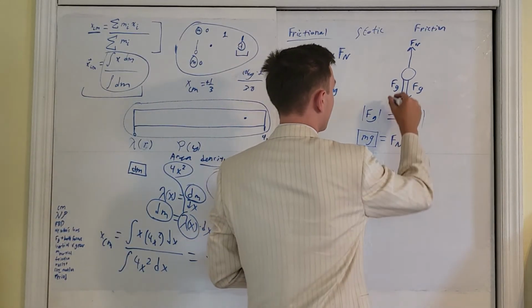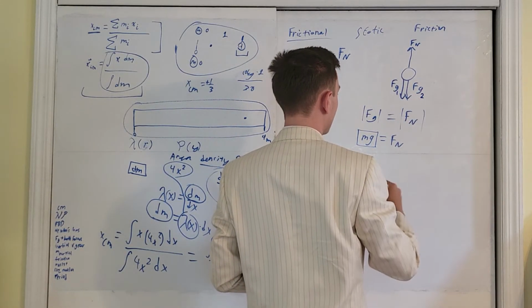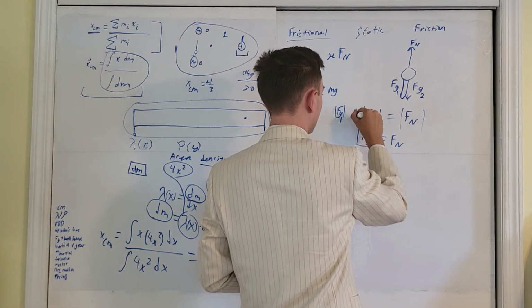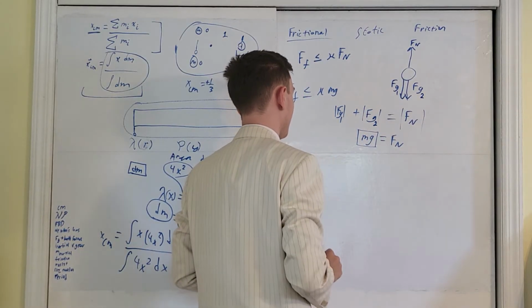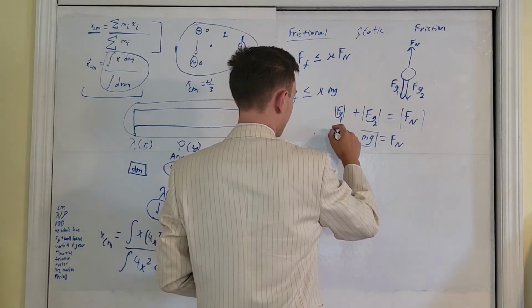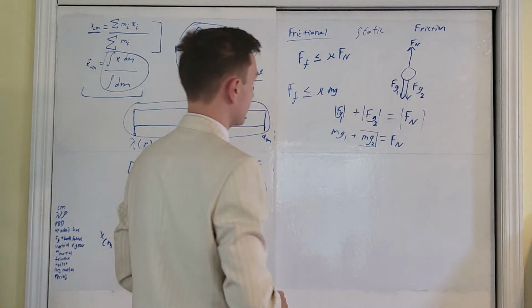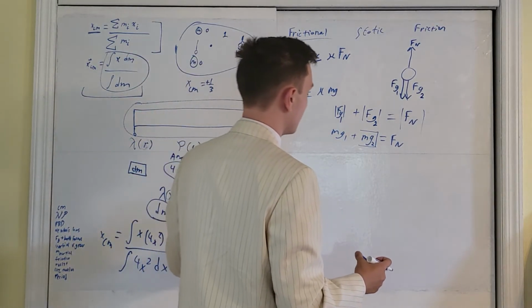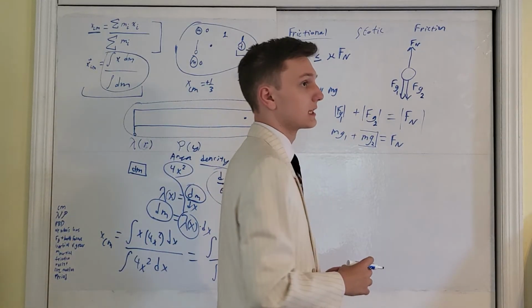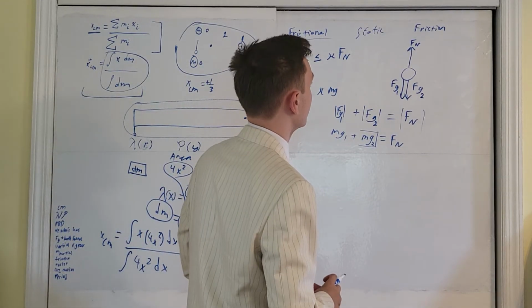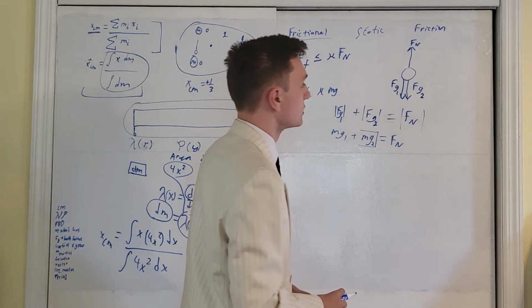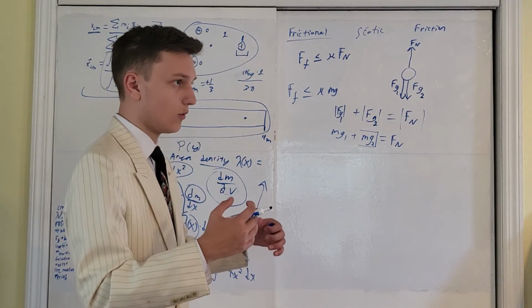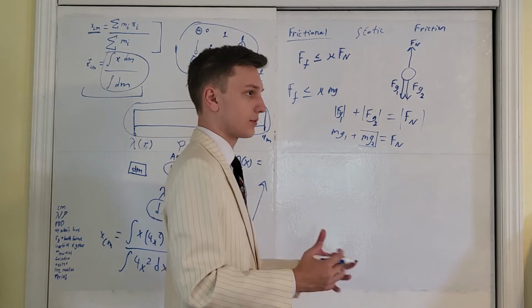That means that Fg1 plus Fg2 has to equal the normal force, because the forces are balanced. So mg1 plus mg2, you get the idea. You're going to have to derive a method of representing your normal force depending on what situation you're in, and you're going to use your free body diagram to understand what your normal force is comprised of.